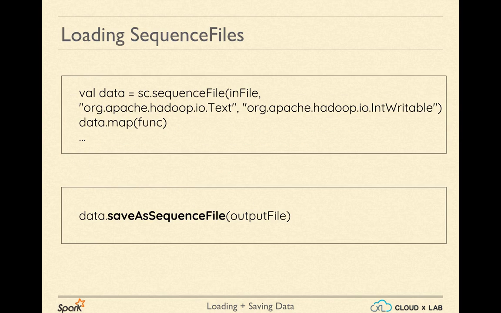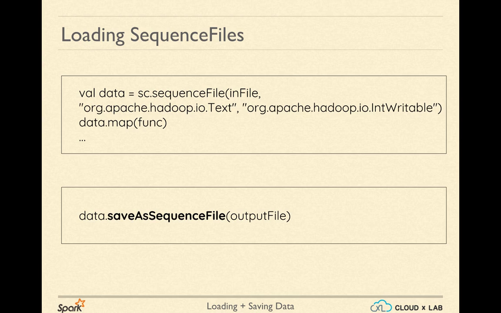We can load sequence files using the sc.sequenceFile method on Spark context. We need to provide the data type of the key and the value while loading the data. The resulting RDD is made up of pairs.